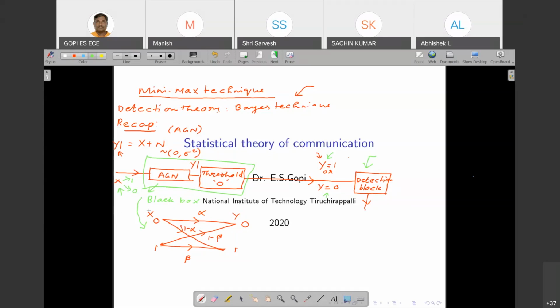And then we discussed the Bayes technique, how to design this detection block.